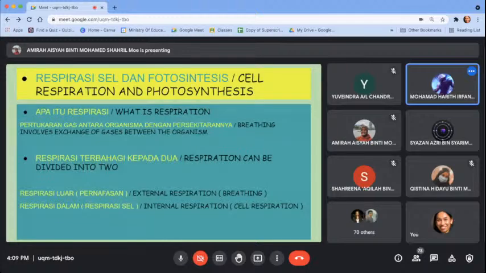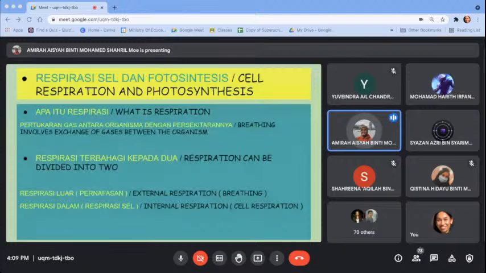Sekarang saya akan membincangkan tentang respirasi sel dan fotosintesis. Respirasi bermaksud pertukaran gas antara organisma dengan persekitarannya. Respirasi ada dua, respirasi luar iaitu pernafasan, dan respirasi dalam.